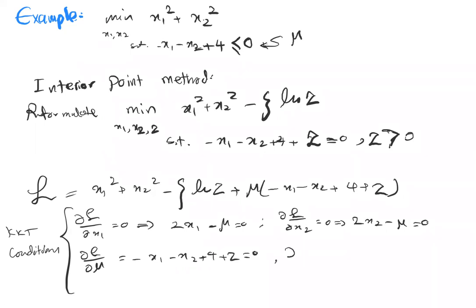And finally, with respect to z, this is the new term. It's mu minus zeta times 1 over z equal to 0. We also have two important constraints: mu should be greater than or equal to 0, and z should be greater than 0. Based on this, we are going to formulate Newton-Raphson to solve this set of equations.